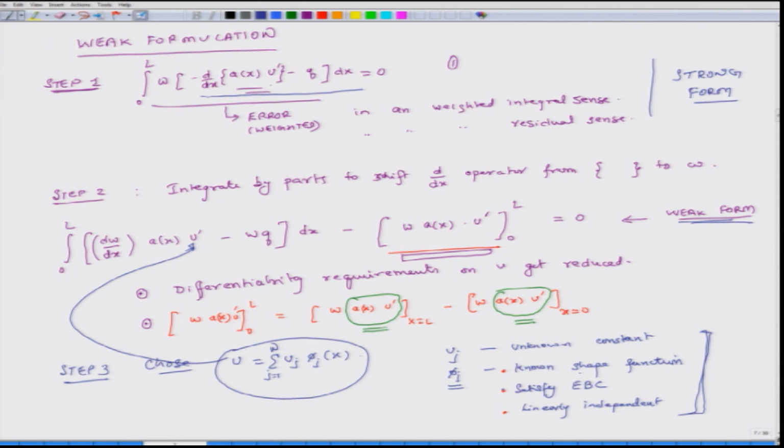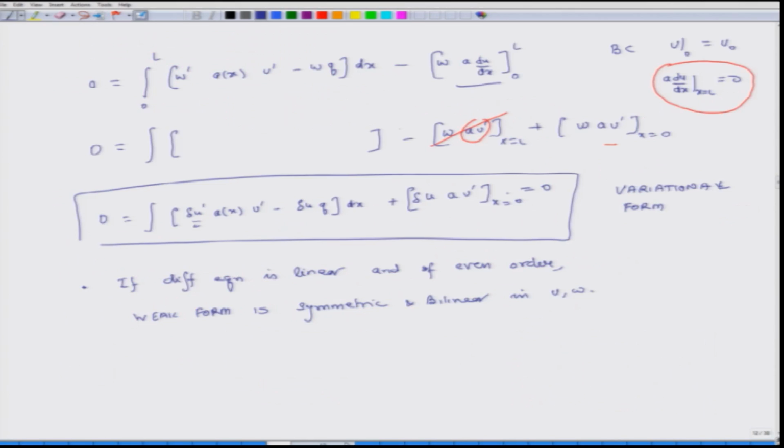And what is the order of this differential equation? This is a second order differential equation, right. I have U prime and then it is going to get differentiated one more time. So, it is of even order and also it is a linear equation.